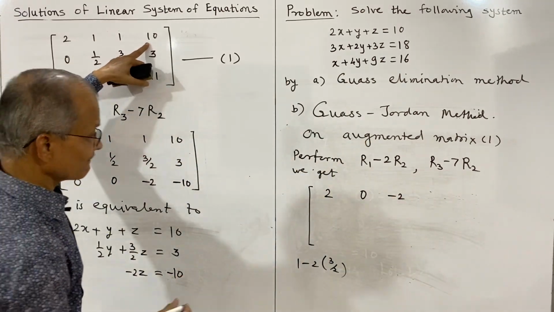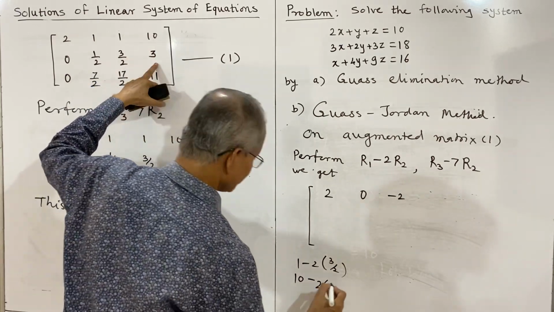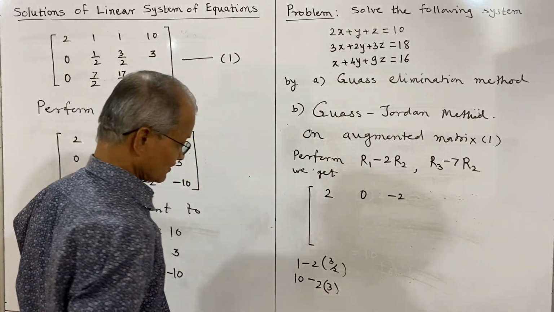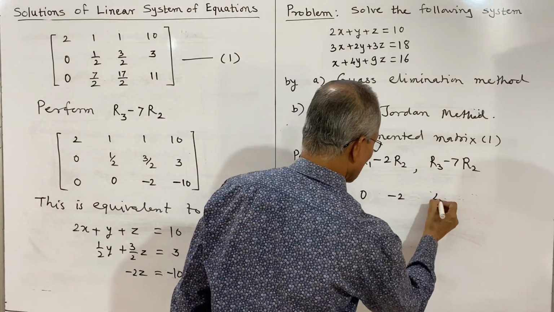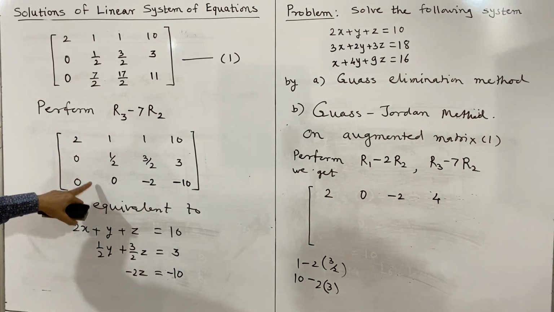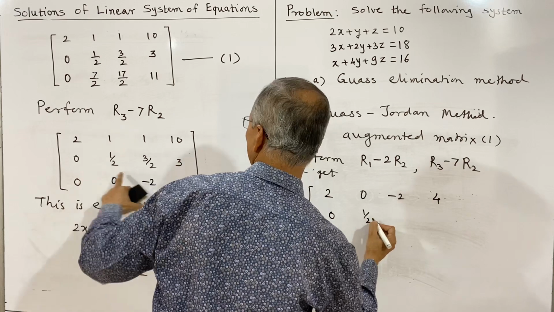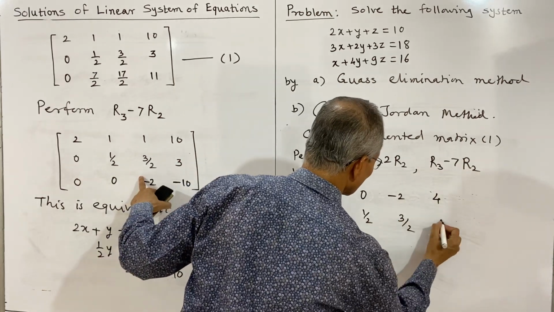And this is 10 minus 2 times 3. So 10 minus 6, that is 4. And no change in the remaining elements, that will be like this: 0, 0, half, 3 by 2, 3.